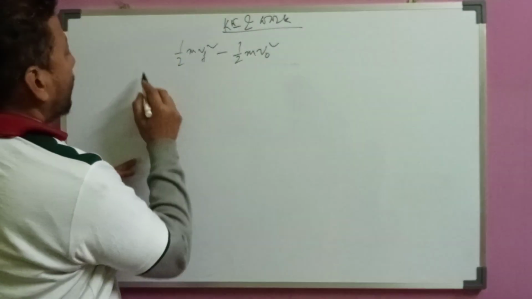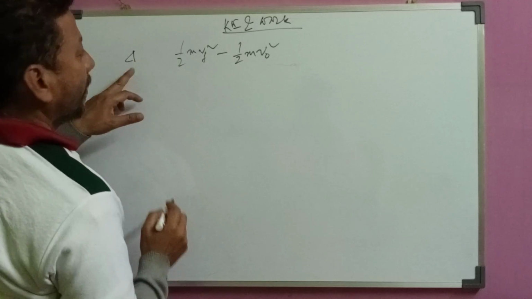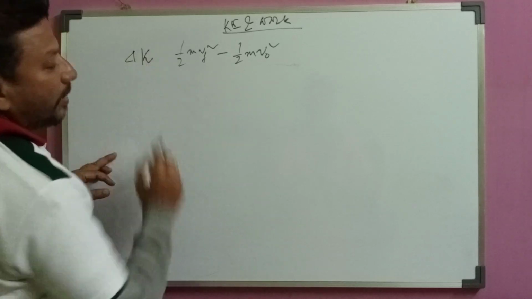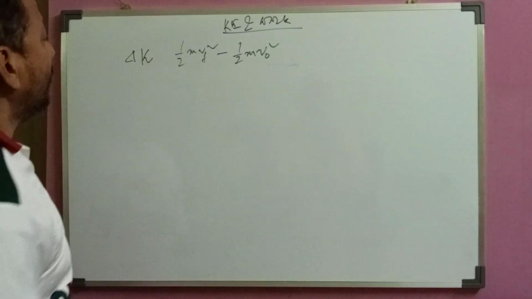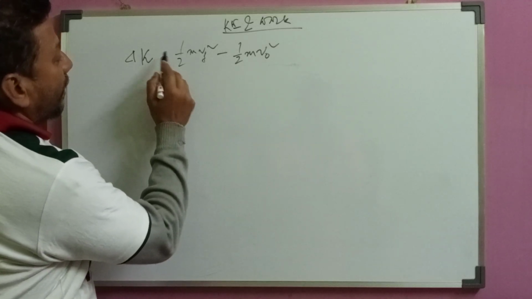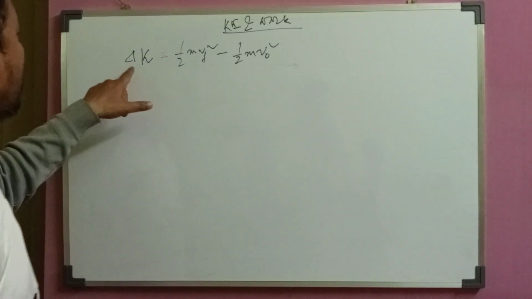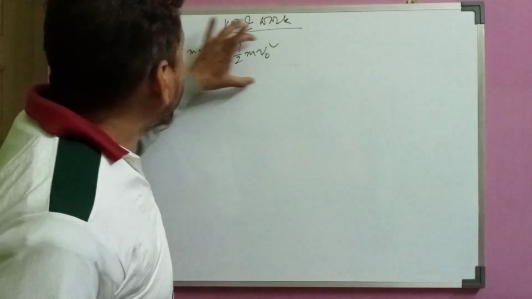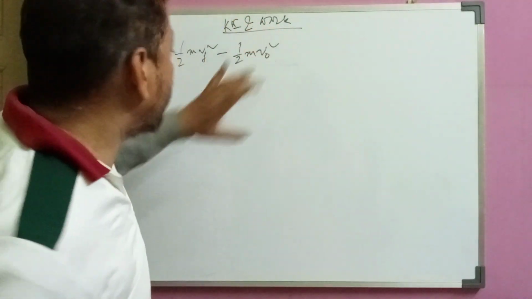We can denote this as delta K. So this delta K will be like this way. So this is a part.